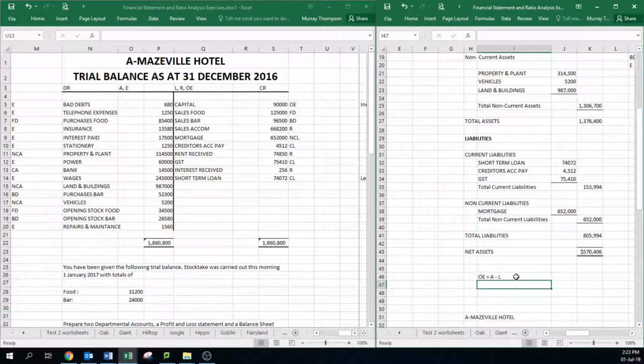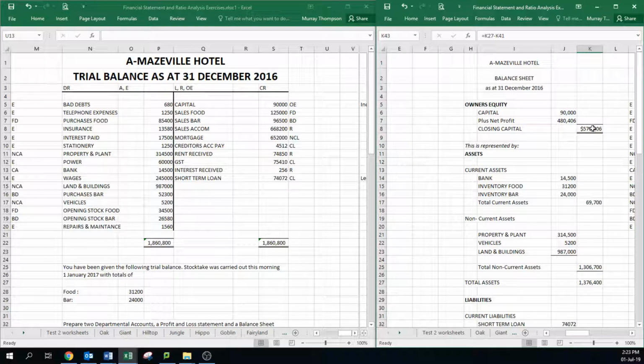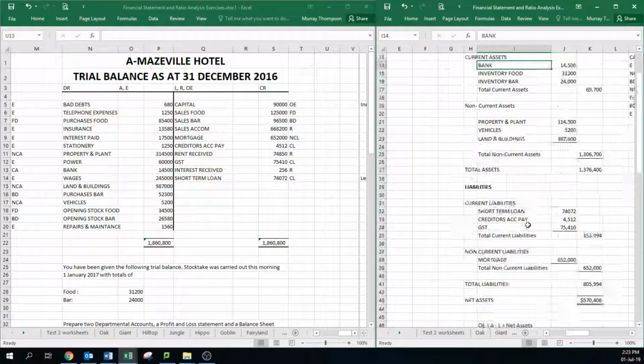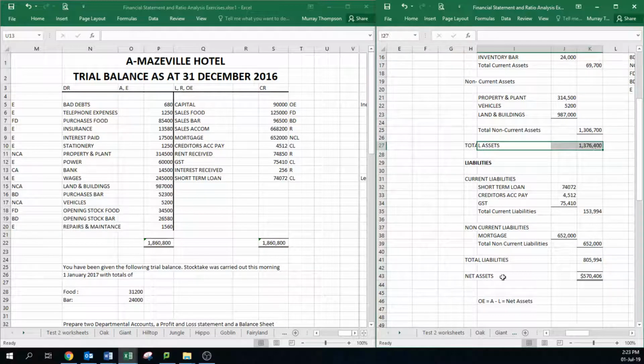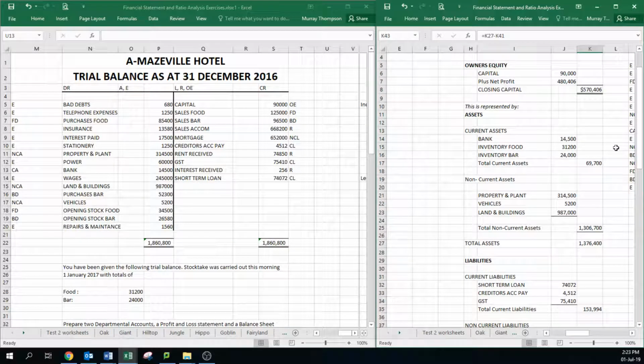That is the same as the figure right here, the net assets. So you know you've done it right when this net assets figure equals your owner's equity figure. The two should equal. Total assets minus total liabilities gives you net assets, and that figure should be the same as owner's equity.